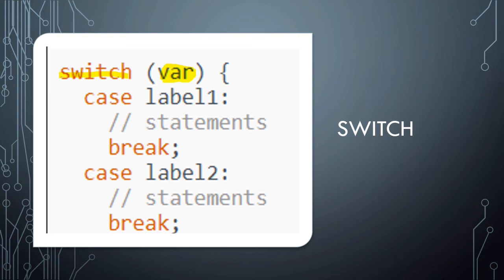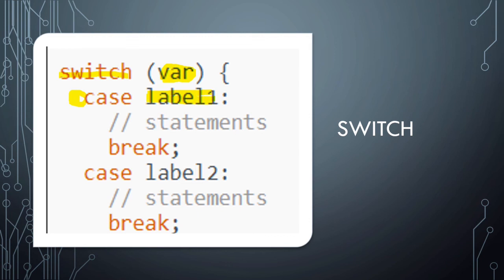So here, after we have our variable, we are going to look at our different labels to see what it matches up to. And you'll notice each label has its own case. So this is our first case. We would put this label down here.